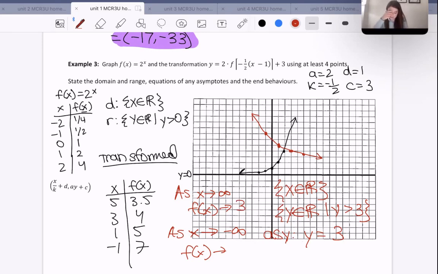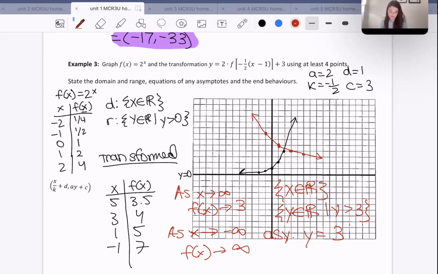And as x is approaching negative infinity, as we're getting further and further to our far left over here, y is increasing. While x is decreasing, y is increasing. It's going all the way up to infinity. So the answer is infinity here. So it's kind of like they swapped.